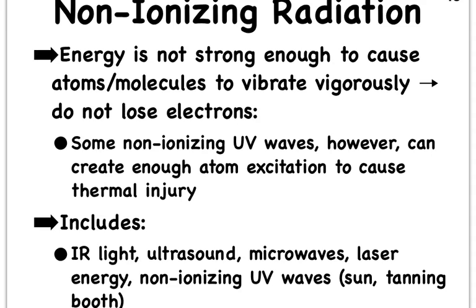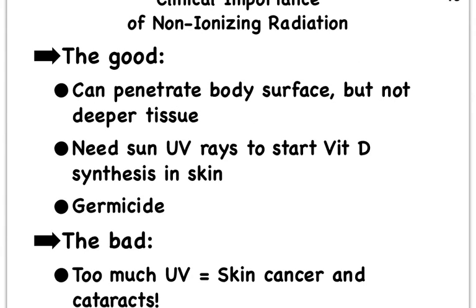The moment electrons can escape, we're now shifting into ionizing radiation. Non-ionizing radiation is typically harmless, except, as we discussed a moment ago, that too much of a good thing, such as being out in the sun, can start creating damage to cells.